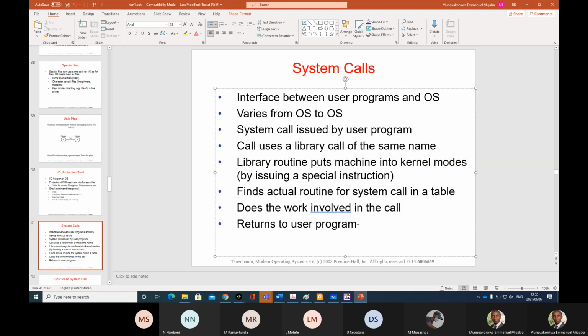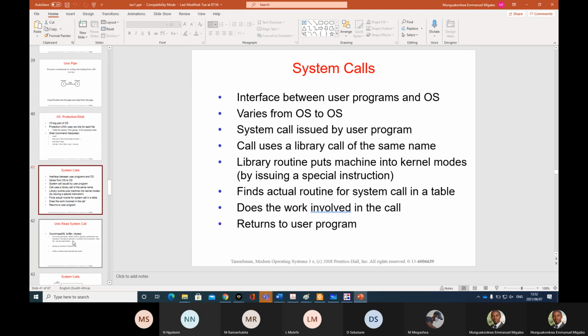A typical example is read: we pass as a parameter how many bytes we want to read, but the routine executes and gives us back how many bytes we actually read, which is not necessarily equal to what we wanted to read, because a problem could happen and we could end up with fewer bytes before we finish the reading. Okay, so that is quite important.